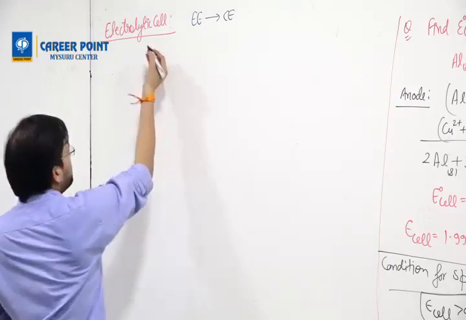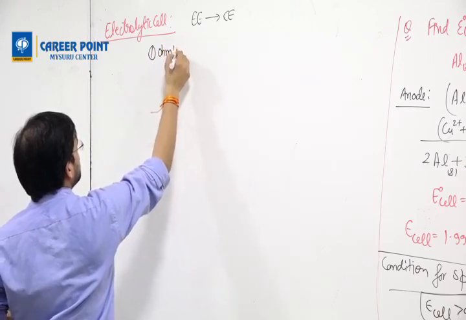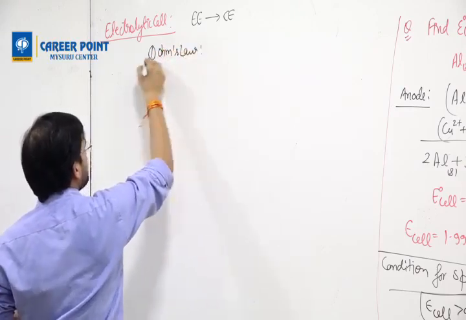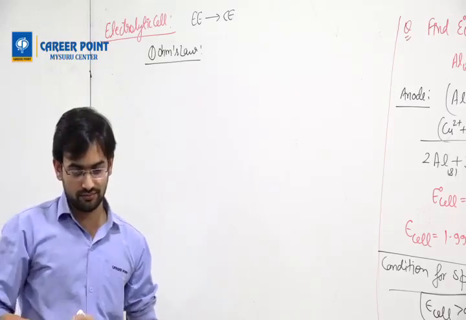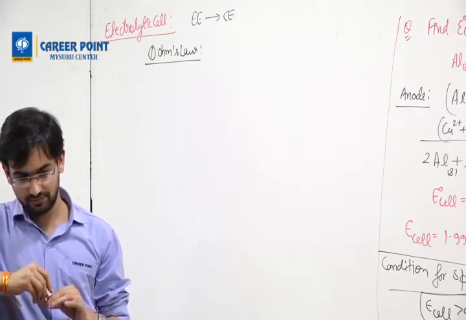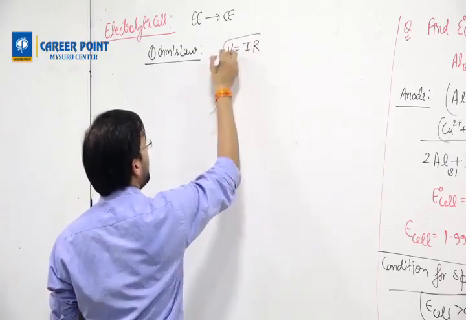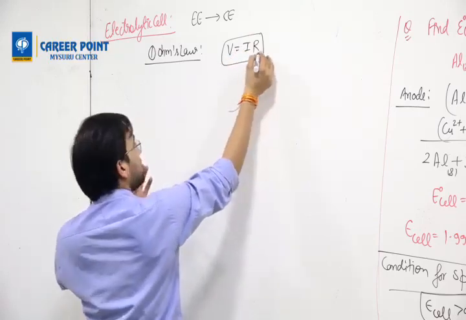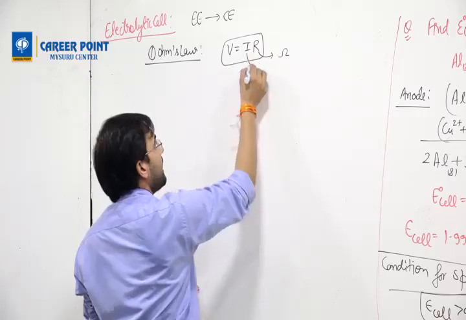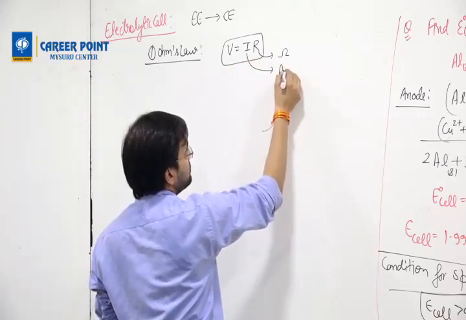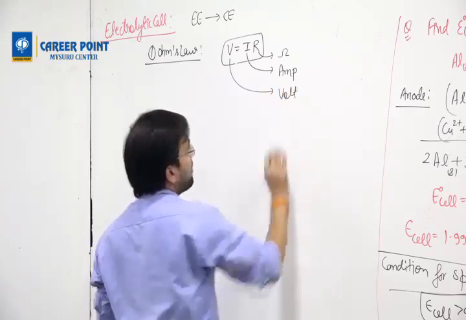Okay. Direct formulas I am going to write. First is known as Ohm's law. What is Ohm's law? V equals to IR, where R is resistance whose unit is ohms, I is current whose unit is ampere, V is potential difference whose unit is volt.